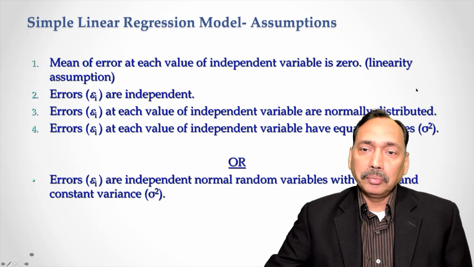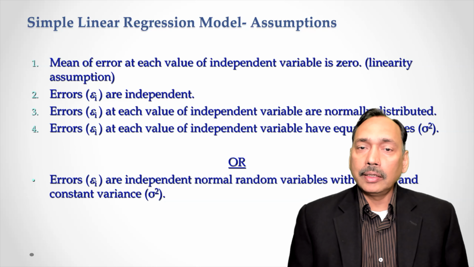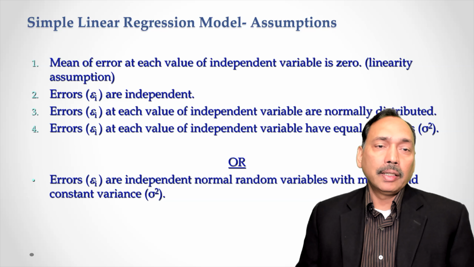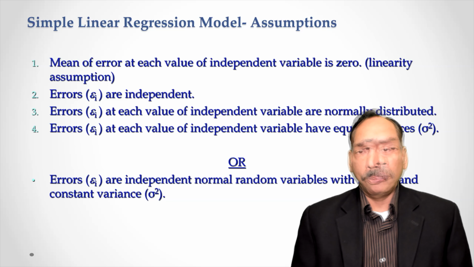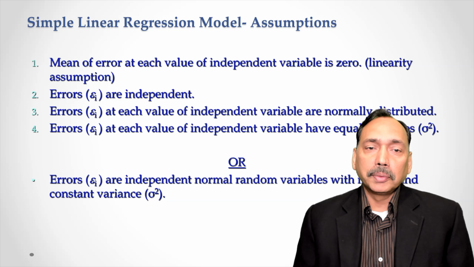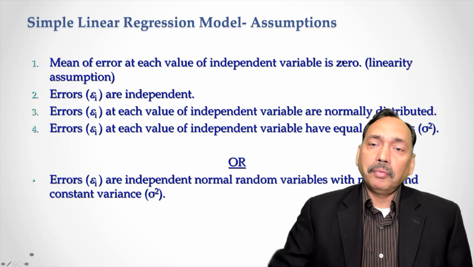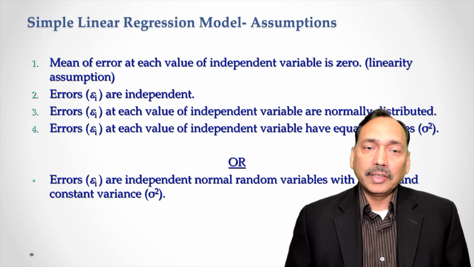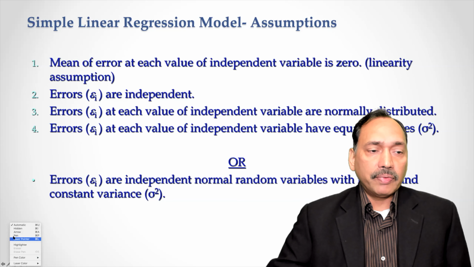So if you make a histogram, if you have sufficient data, it should look like an inverted bell-shaped curve. But if you do not have a lot of data, you can always make use of a normal probability plot or QQ plot, which is the same thing, and that can indicate whether the pattern is linear or not. If it is linear, it means the normal distribution assumption is valid.